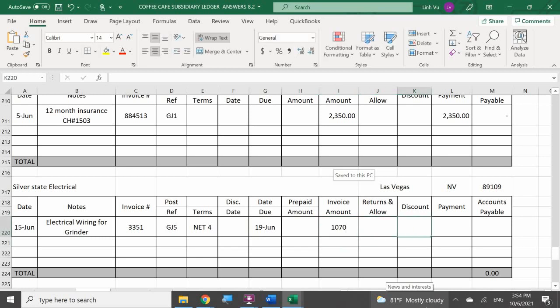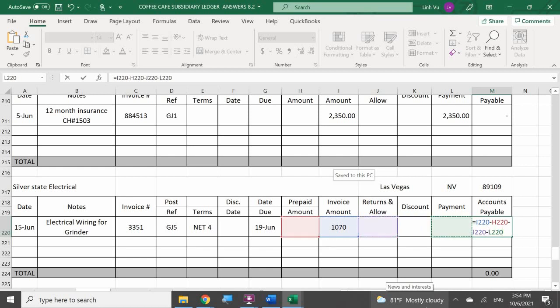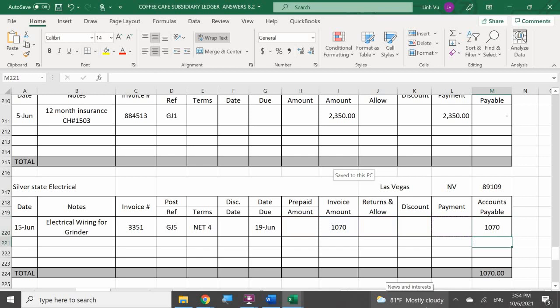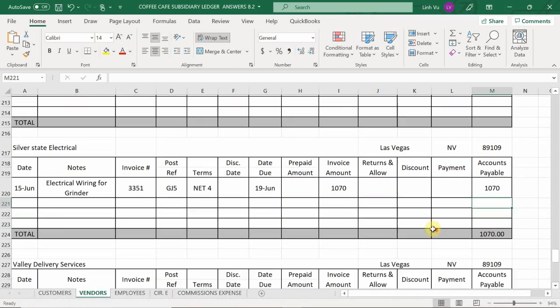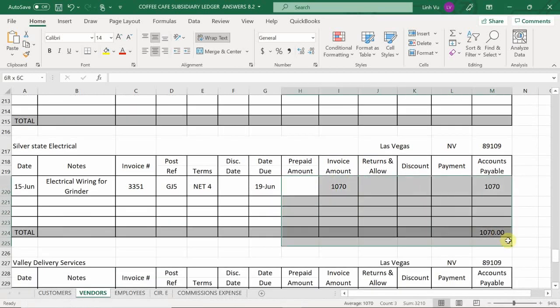Did you make a payment? Nope. So you didn't make a payment, zero payment. Do we have to pay 1,070? Yes, there you go. Good. I understand what you're saying now. So here we owe 1,070.